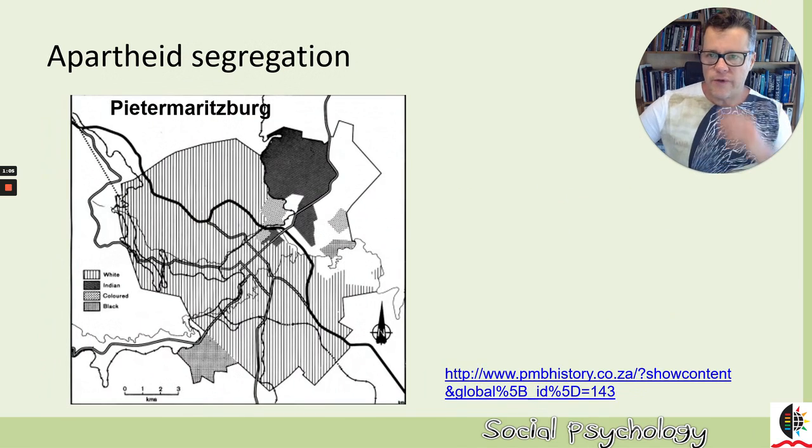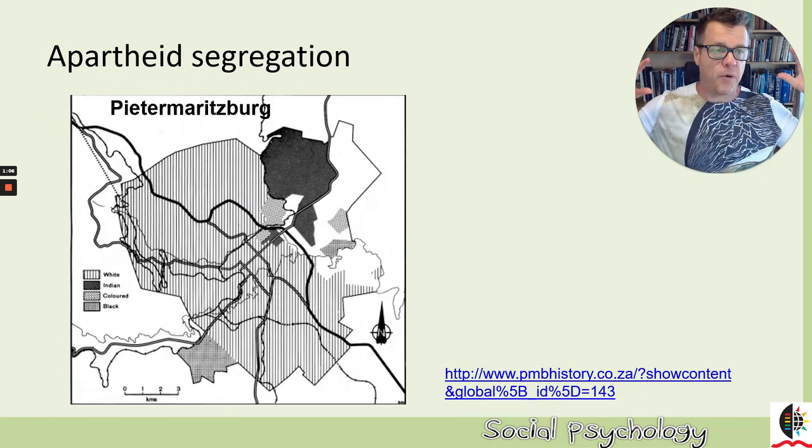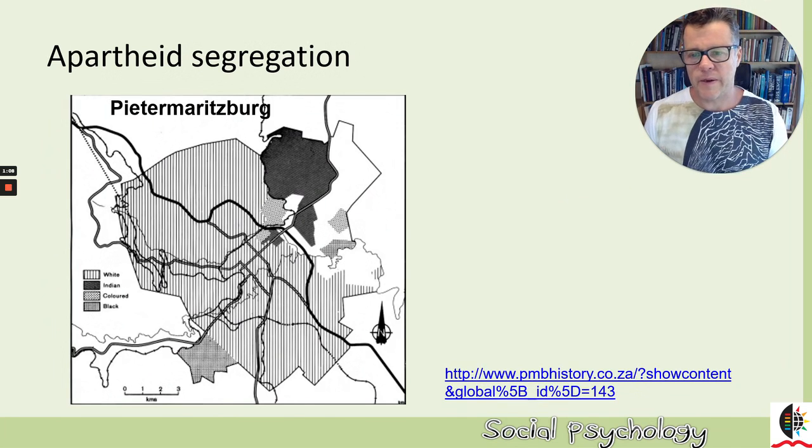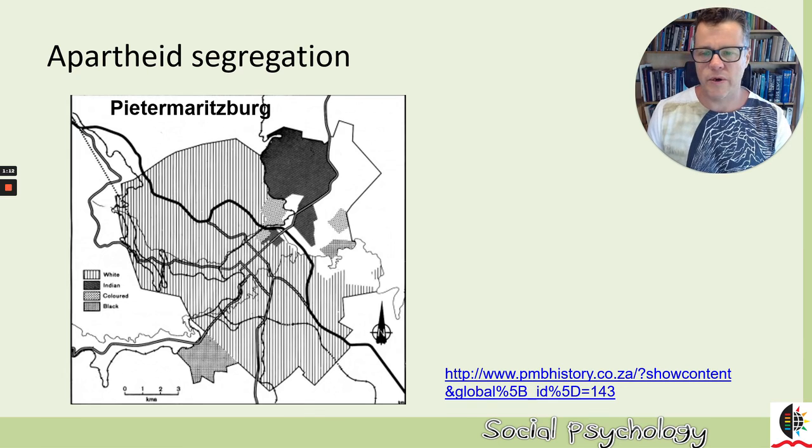If you take a look at apartheid, we think about apartheid as a grand scheme, but each little town and little city and school and neighborhood felt the effects and continues to feel the effects of apartheid. Take Pietermaritzburg, for example. This is the apartheid map of Pietermaritzburg. You can already see the inequality and injustice of segregation and apartheid. Look at the mass of all the prime land. The city center was designated a white area.